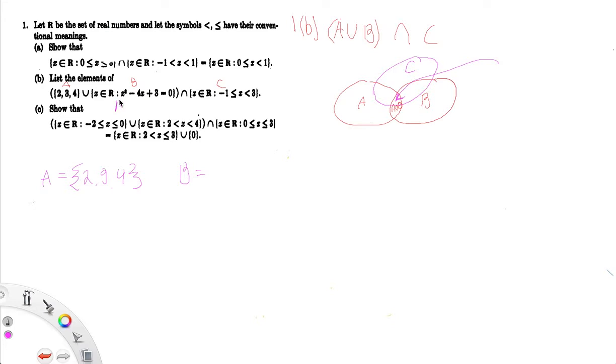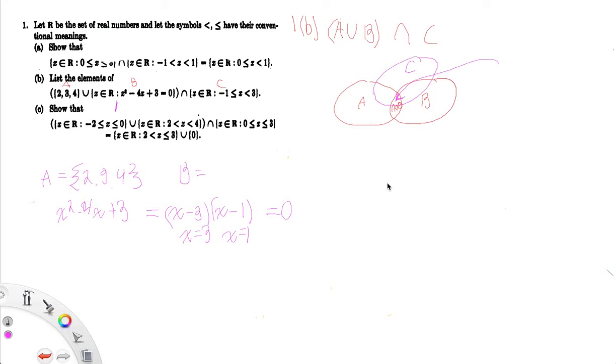All x that are elements of R such that x squared minus 4x plus 3 is equal to 0, such that this statement holds true for the x's that are elements of the real numbers. So let's just solve that equation real quick. x squared minus 4x plus 3 equals 0, factor that, x minus 3 and x minus 1 equals 0, x equals 3, x equals 1.